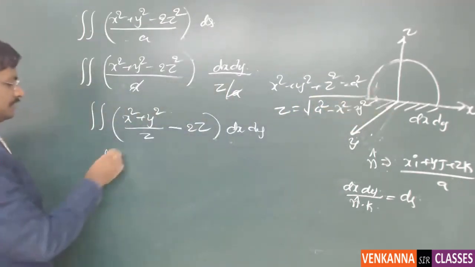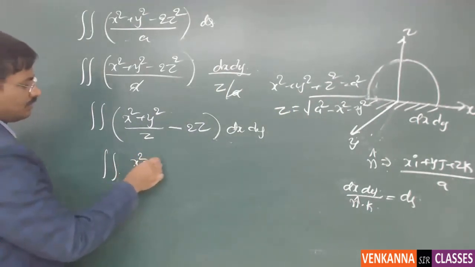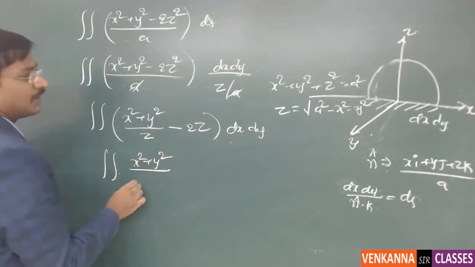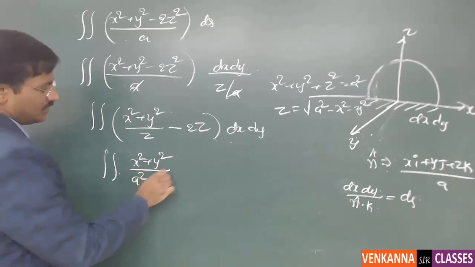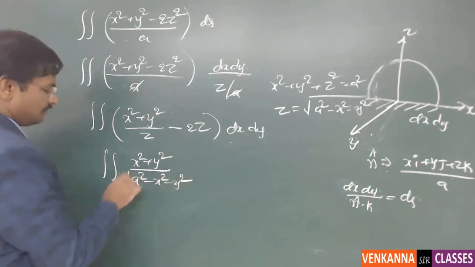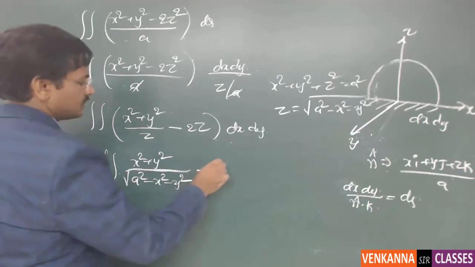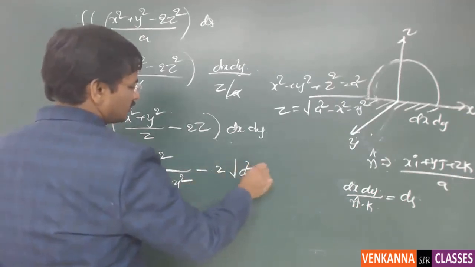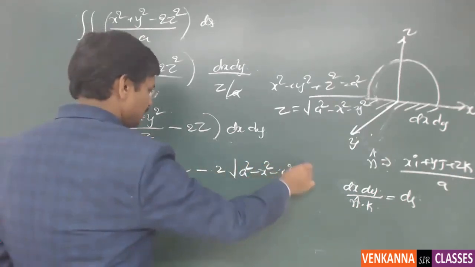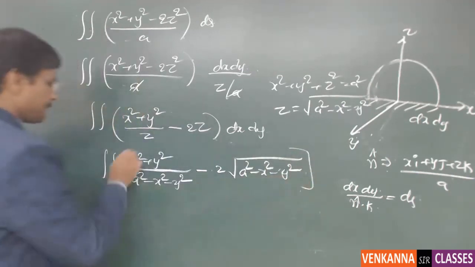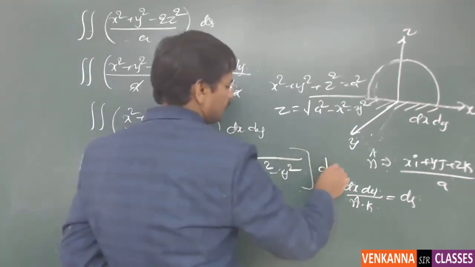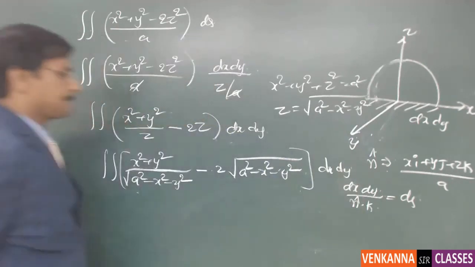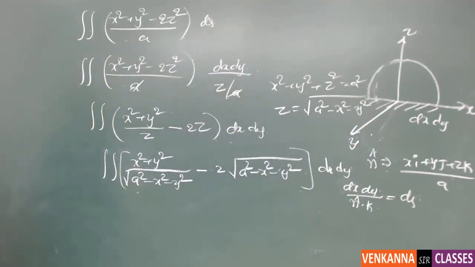So just replace it here: (x square plus y square) divided by the square root of (a square minus x square minus y square), minus 2 times the square root of (a square minus x square minus y square), dx dy. I think this way it is becoming a bit difficult.